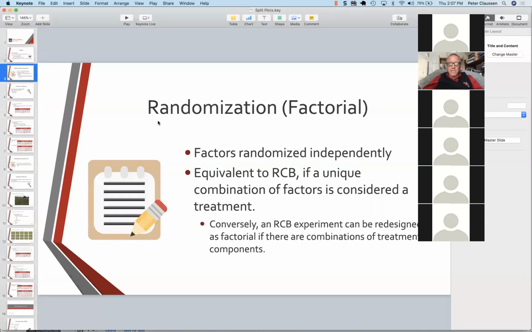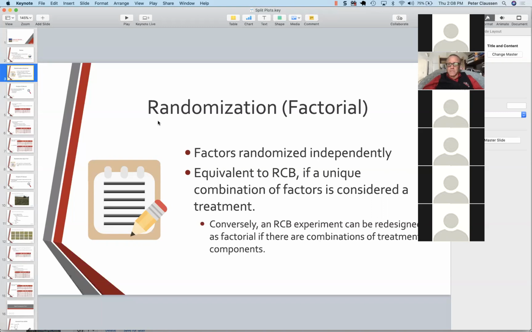And the randomization in standard factorial experiments is that the factors are randomized independently in combinations, which makes it equivalent to RCB if each combination of factors is considered a treatment.